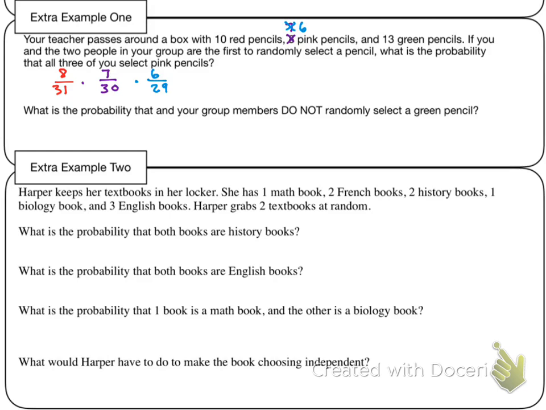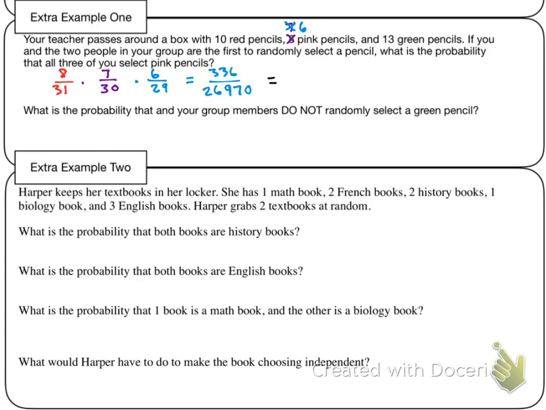Okay, so now the probability that all 3 of us get a pink pencil is going to be 8 times 7 times 6, which is 336, over 31 times 30 times 29, which is a huge number, 26,970.